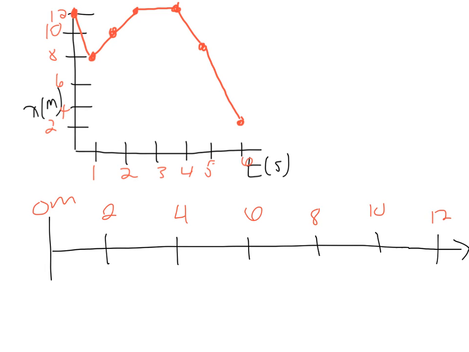Now we're just going to look at each of the points. At 0 seconds, my position is 12 meters. So there's my first dot. At 1 second, my position is 8 meters, but this is also a direction change. So you'll notice that I'm negative and then I'm positive. Whenever there's a direction change, the way we want to show that on a motion map is just to jump down.